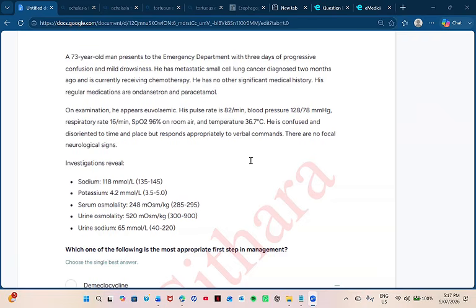He is confused and disoriented to time and place, but responds appropriately to verbal commands, and there are no focal neurological signs. Sodium 118, potassium 4.2, serum osmolality 248, urine osmolality 520, urine sodium 65.